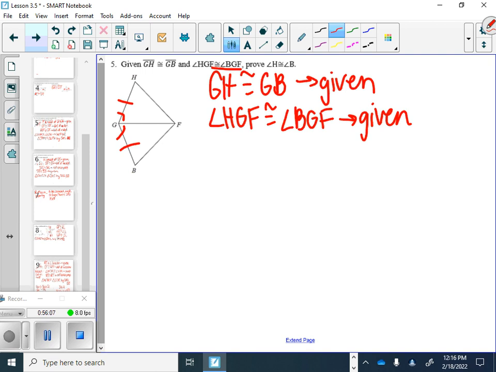GF is congruent to GF, because it's reflexive, right? Remember that your angle's got to be in between the sides. That's why I can't say that HF and BF are congruent, because that angle is no longer in between. So GF is congruent to itself. And what do you say when it's congruent to itself? Reflexive property.